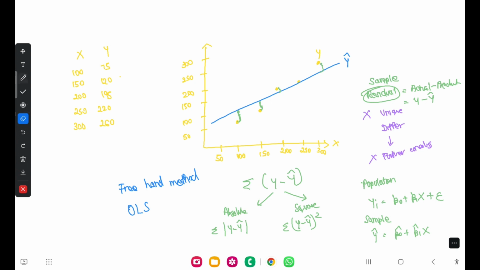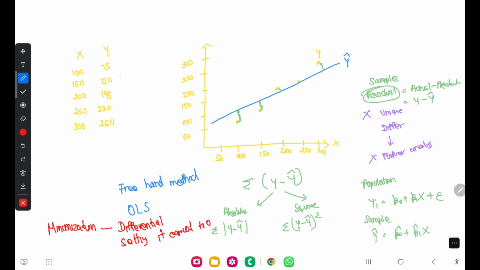Another important point to remember is what we mean by minimization: we find the differentiation and set it equal to 0.